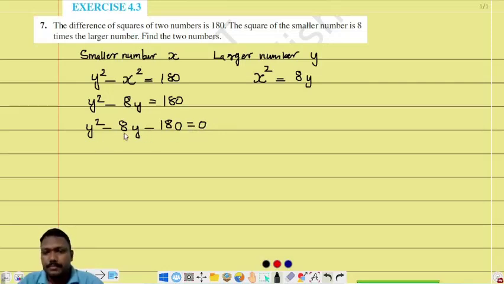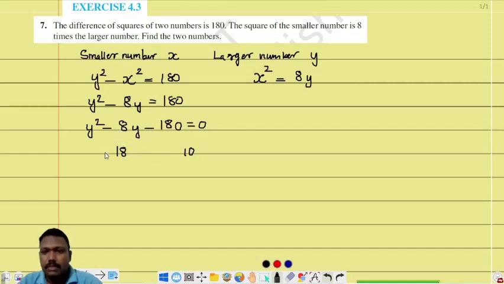Now look here, we can use the method of factorization. So product is equal to minus 180, and sum is equal to minus 8. So the numbers we can write as 18 and 10. The numbers are 18 and 10, because 18 into 10 is equal to 180, and 18 minus 10 will be 8.